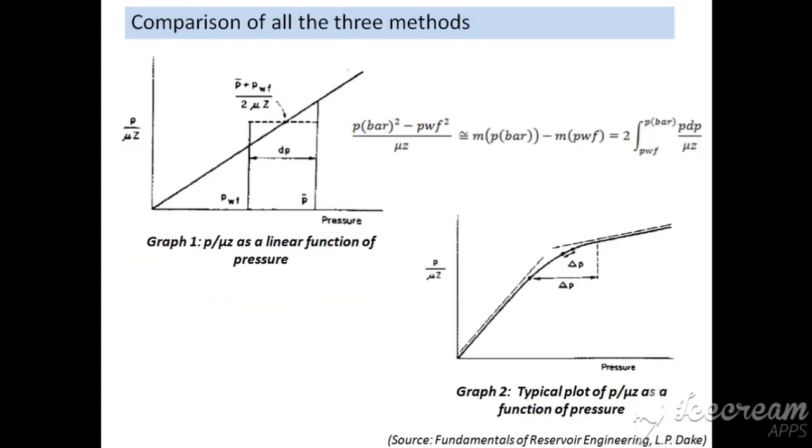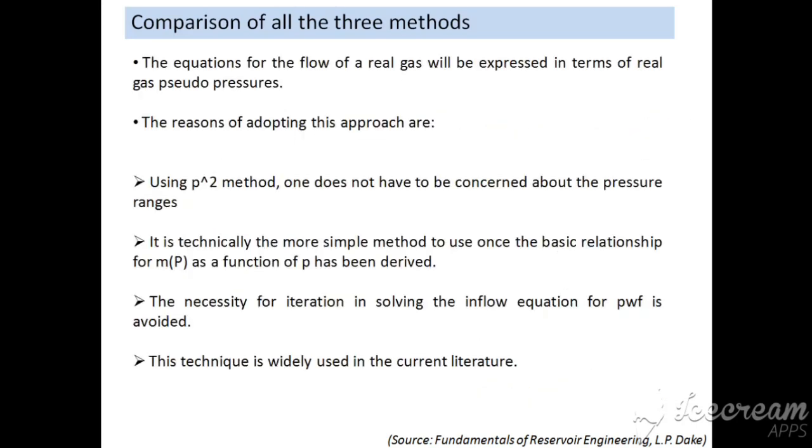You can go through them for further simplification and understanding. So this is the final conclusion that we can make, that is why we have adopted the gas pseudo pressure terms. Because we were not concerned about the pressure ranges. The P square method helps in using that equation in any range of pressure, whether less than 2000 or greater than 3000, so one does not have to be concerned about that.